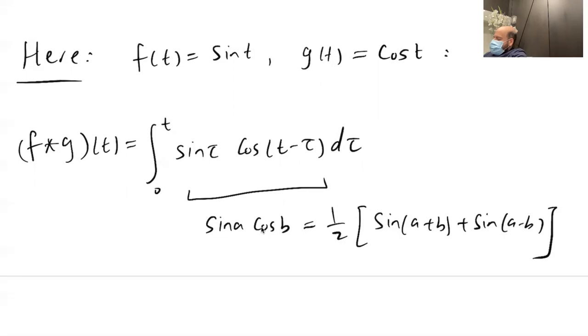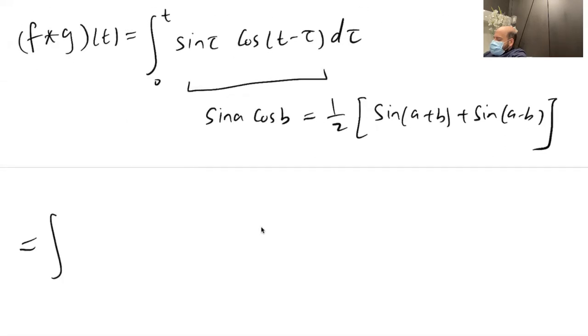So what will this be? This will be the integral from 0 to t of 1/2 times (sine of (tau plus t minus tau) plus sine of (tau minus t plus tau)) d tau.